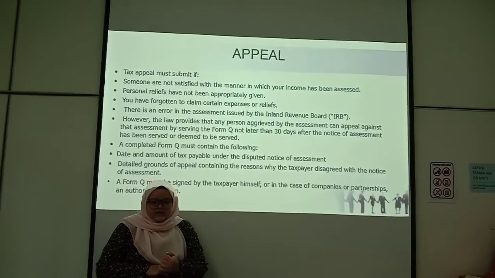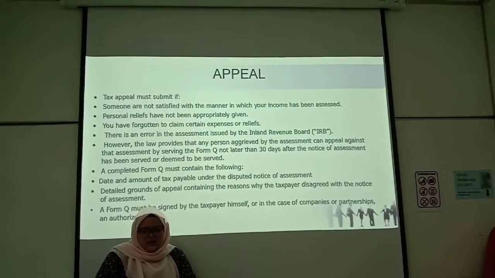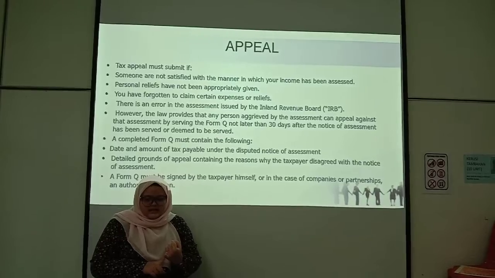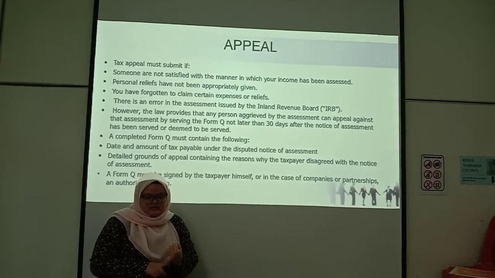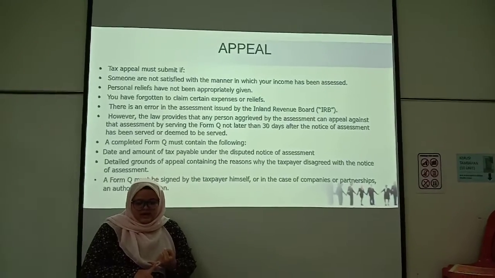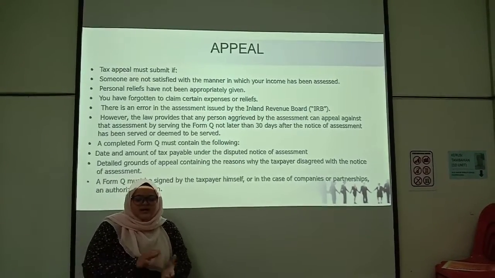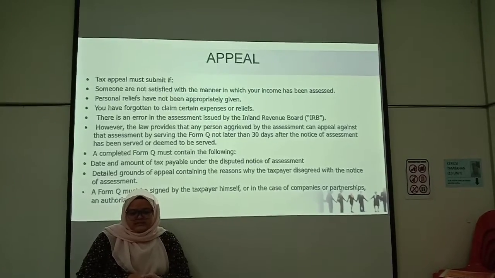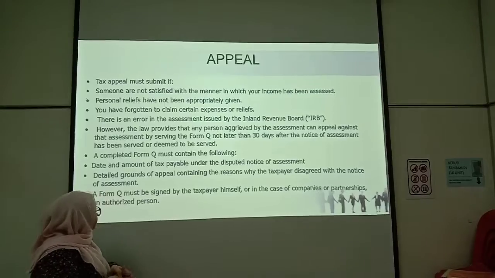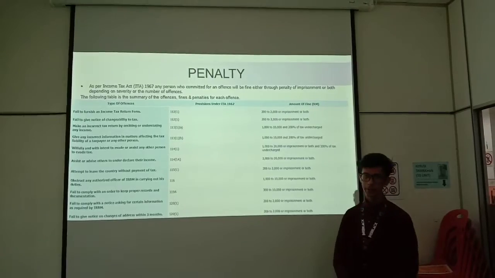And then a complete Form Q must contain the following, which is the date and amount of tax payable under the disputed notice of assessment, and detailed grounds of appeal containing the reason why the taxpayer disagrees with the notice of assessment. A Form Q must be signed by the taxpayer himself or an authorized person.